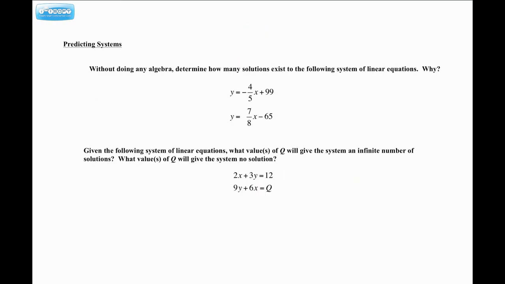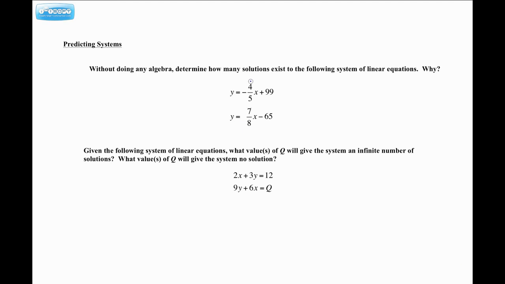So how can we use this stuff to predict a system? So not predict what the solution is, but whether or not the system even has any solutions without actually having to do the work. So without doing any algebra, determine how many solutions exist to the following system of linear equations. Why? Well, if you look at this system, both equations are already expressed in slope-intercept form.